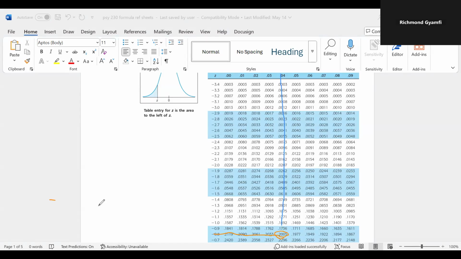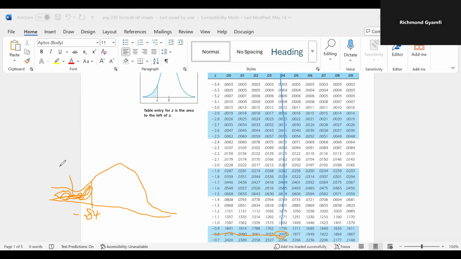So if I'm going to draw this again, I'm going to have that, and then negative 0.84, of course. Now I just found the area to the left of it. Yes, I'm trying to shade it.